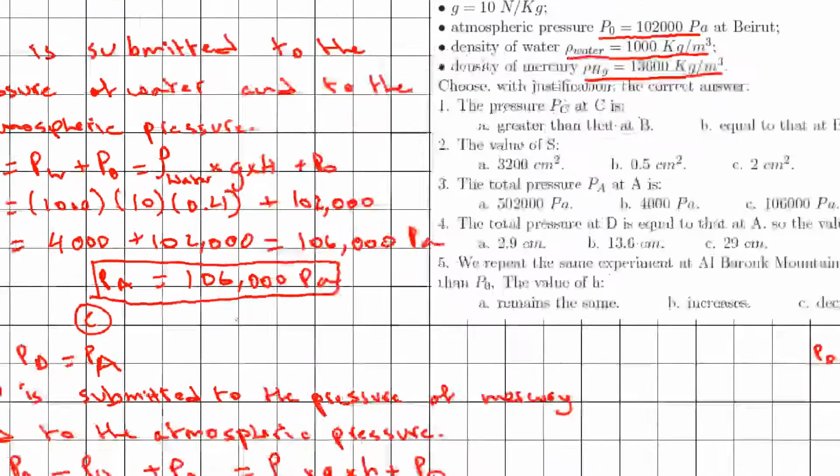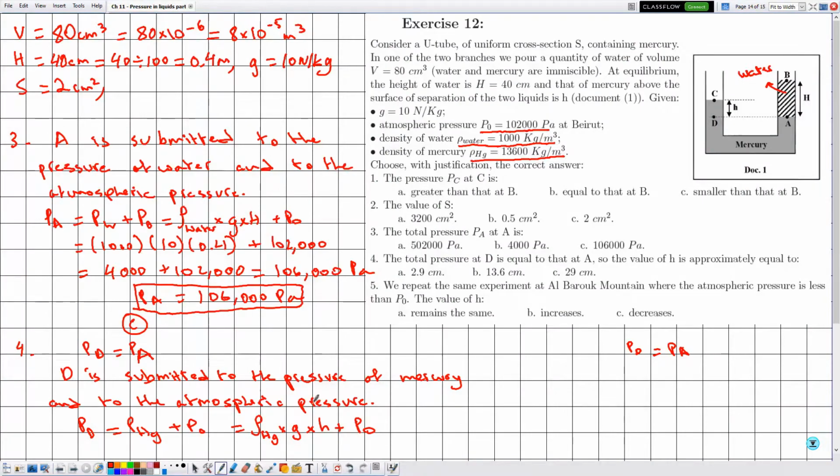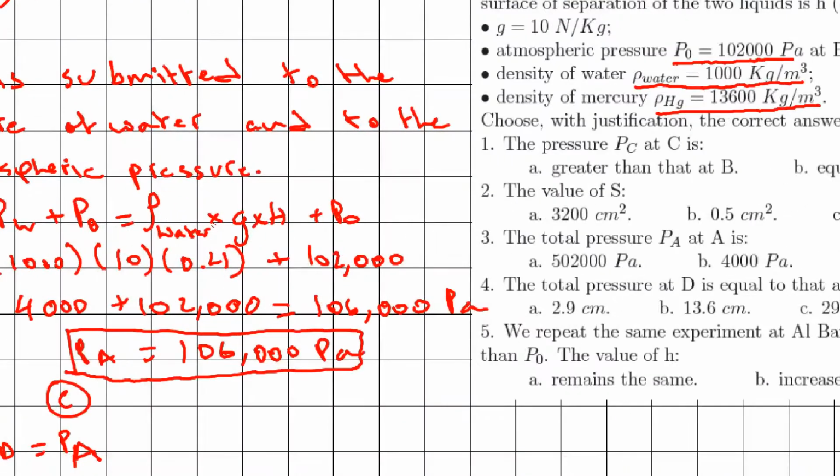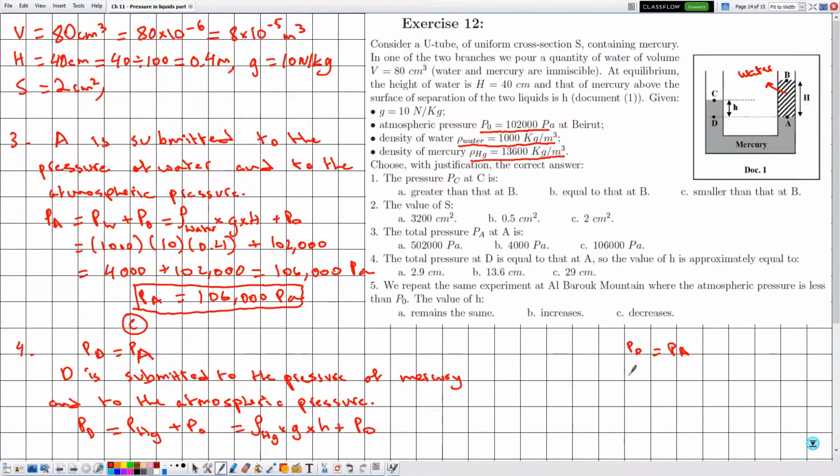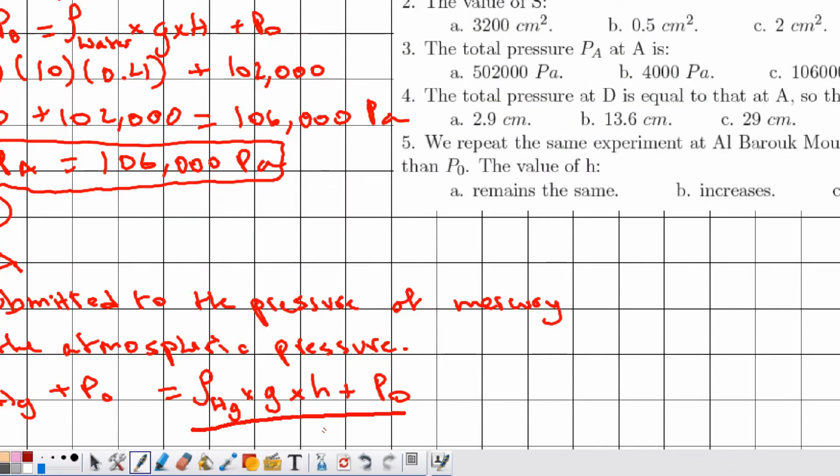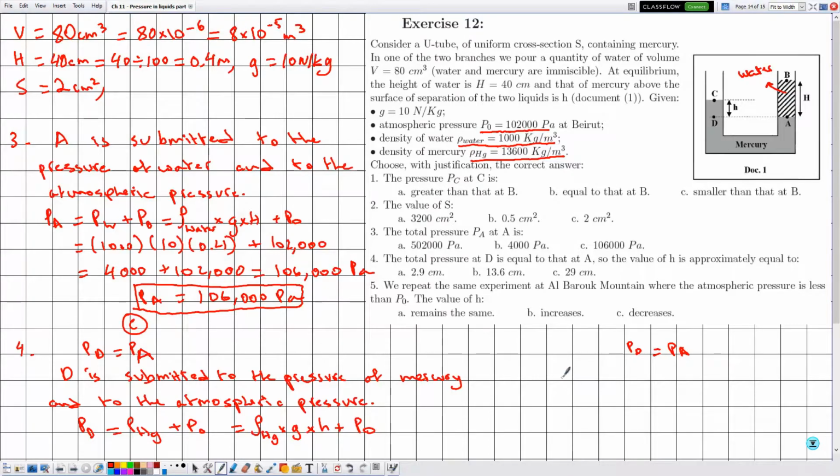You can also replace this in order to determine the value of H, but I will use this expression. I repeat, you can also use this one. Now PD is given by this expression. So on the left hand side we'll write rho Hg multiplied by G multiplied by H plus P0, which is equal to PA. PA is given by this expression.